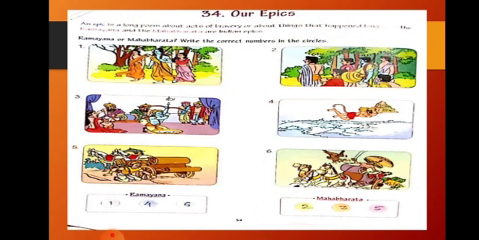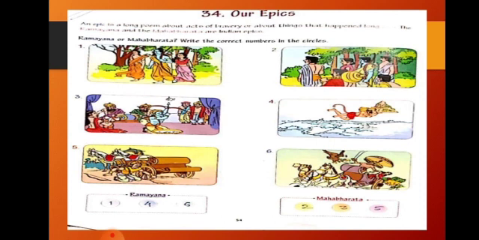You must have heard a few stories from your parents, grandmother, or some relatives or friends about the story of Ramayana and Mahabharata. There are many short stories related to it, and a few pictures are given here related to Ramayana or Mahabharata. We have to write the correct number in the circles given below.